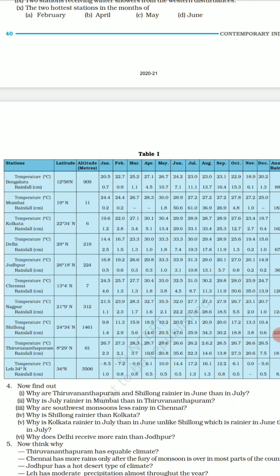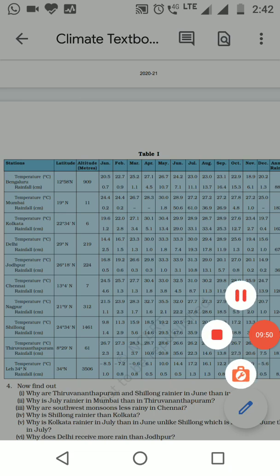Okay, 5 stations graph. Okay, and that is your one of the activity also, but you can keep ready your graphs on the graph paper. So these are all things for doing it yourself, and here we end up with our climate chapter.